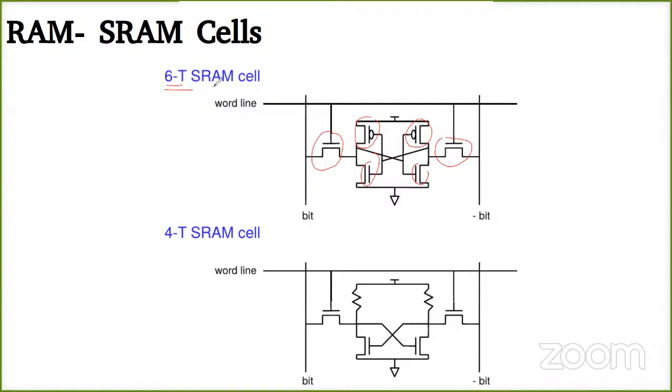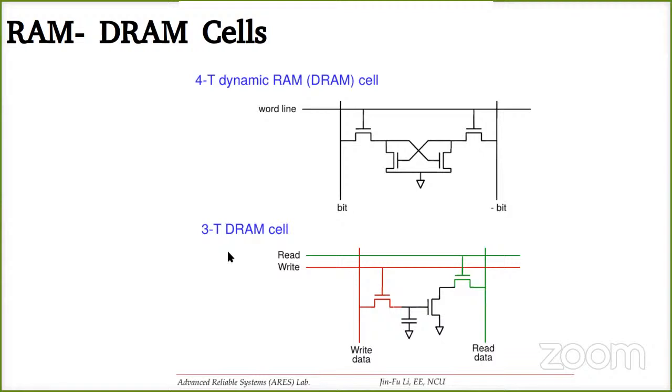So this is called a 6T SRAM. Then you have a 4 transistor SRAM over here: 1, 2, 3, and 4. So these are different kinds of SRAM. This is not required in your syllabus. I've just put this so that you know how these things look. This is a 4 transistor DRAM, 3 transistor DRAM, and all.